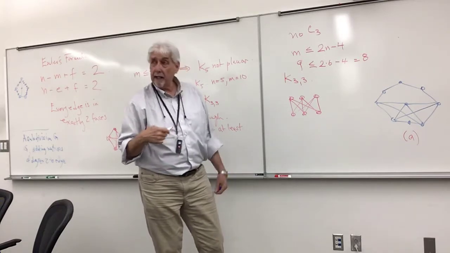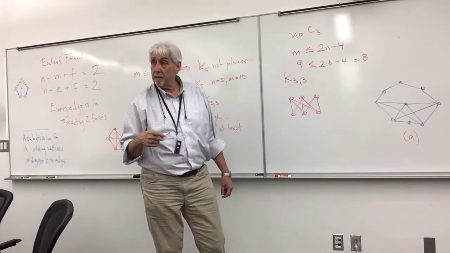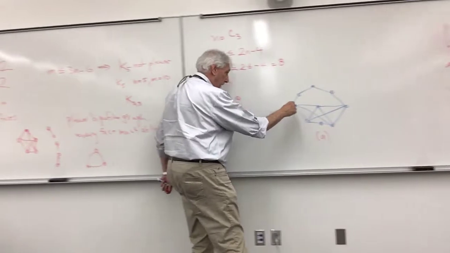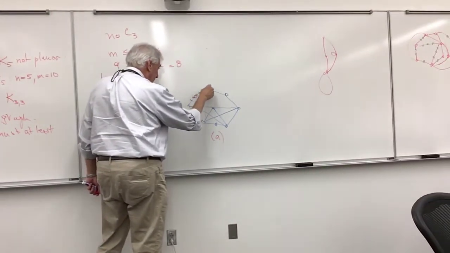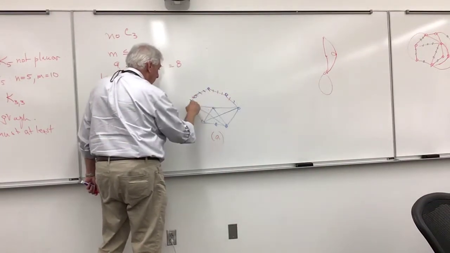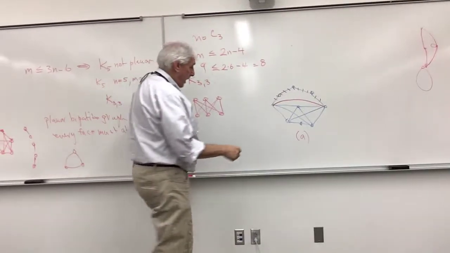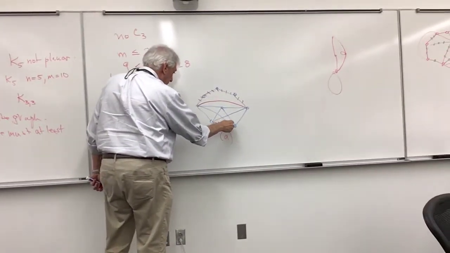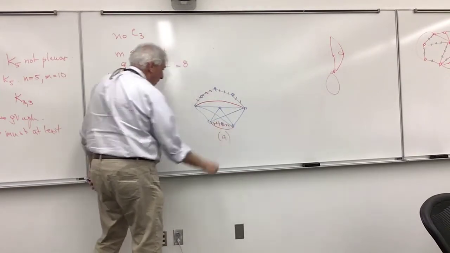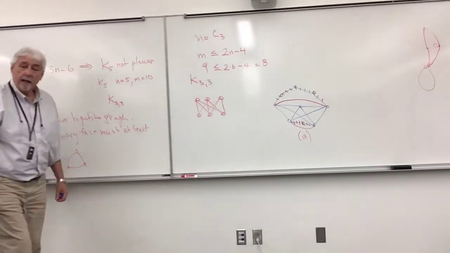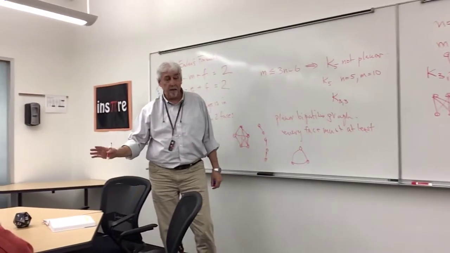I replace them with an edge so that I come up with a K5. Hopefully it's pretty simple: if I replace this path with that edge, and I replace this path with this edge, then I have a K5.